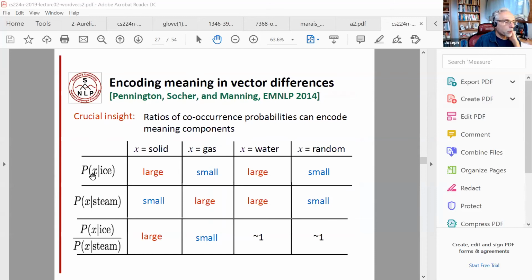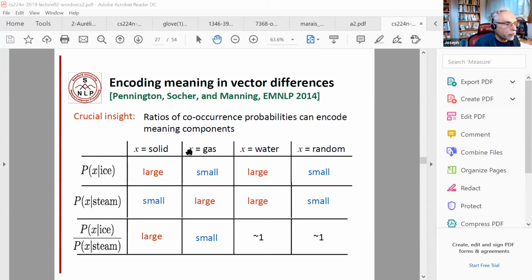The conditional probability of a word, given that its context word is ice, if X is the word solid, then these two do relate, and so you'd say that conditional probability is, loosely, large, because ice and solid are related.